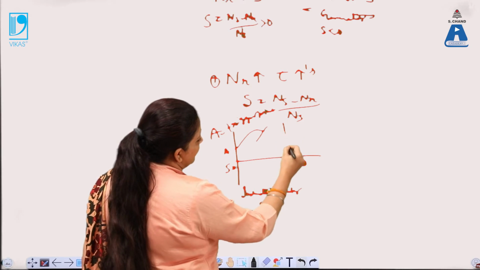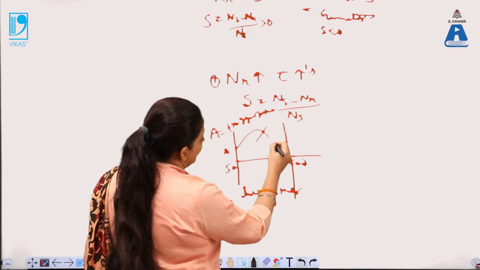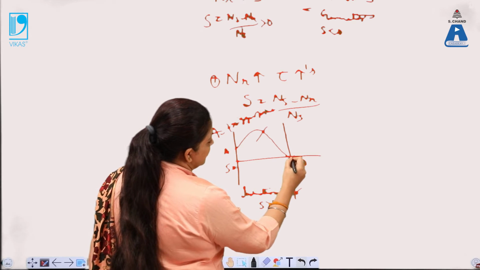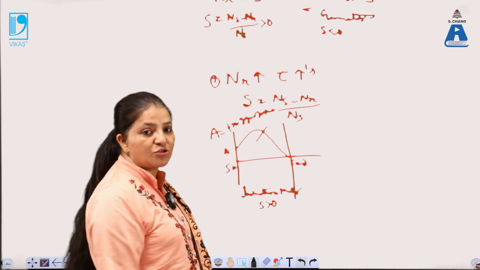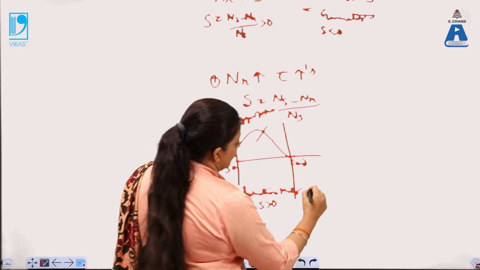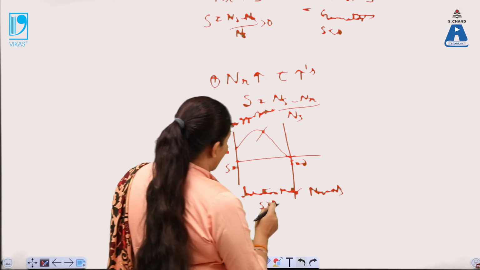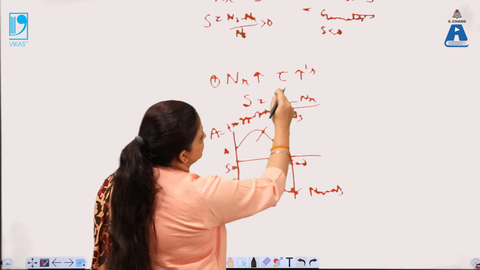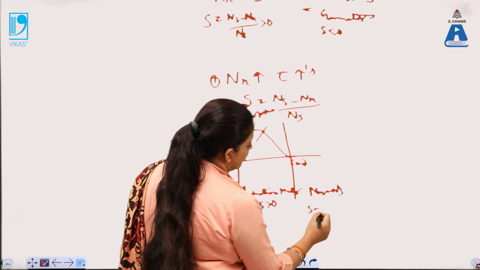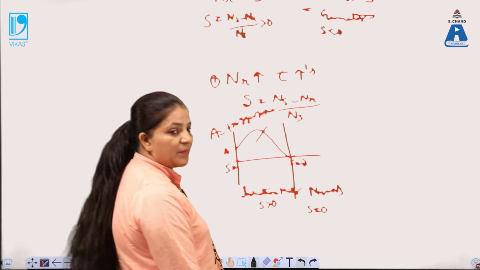Now in the working region over here, in this region NR and NS are equal to each other. So here NR is equal to NS. When NR is equal to NS, in this formula the slip will be equal to 0. So here the slip is 0.